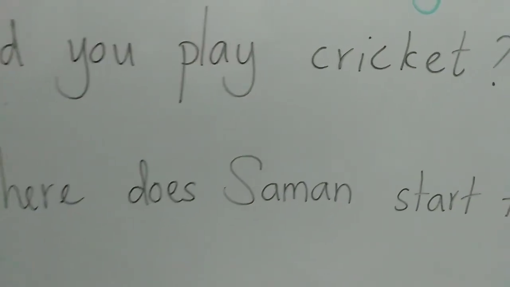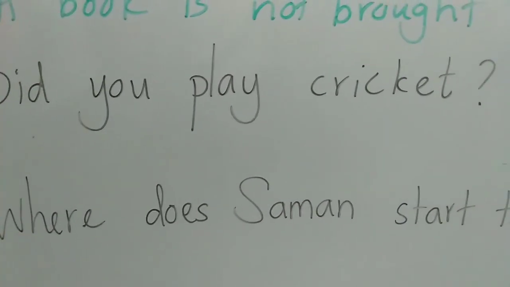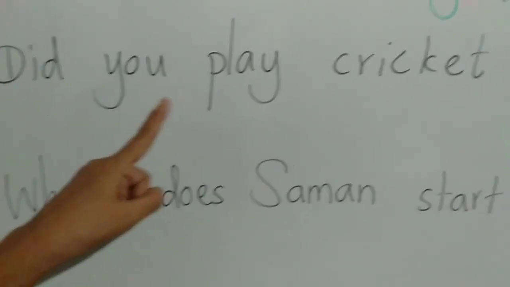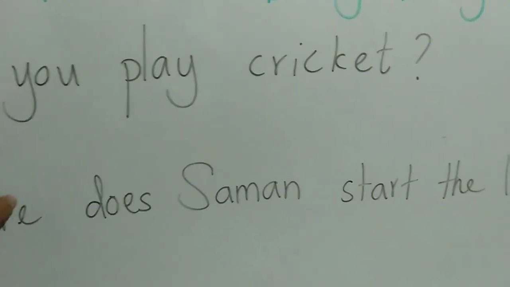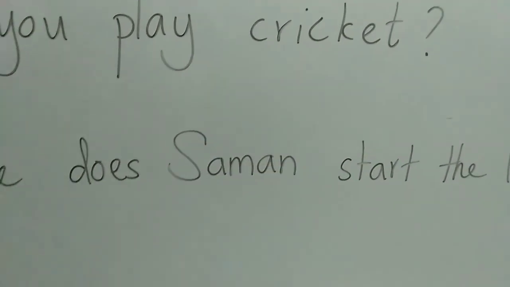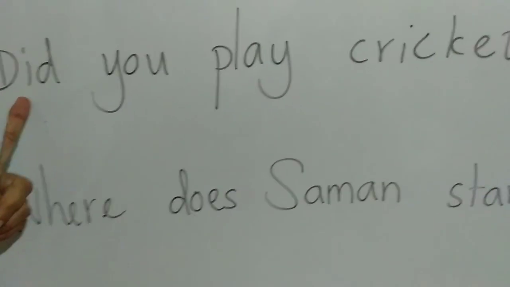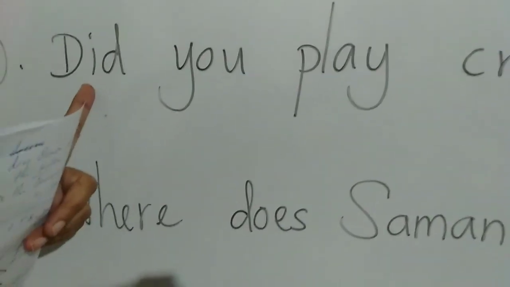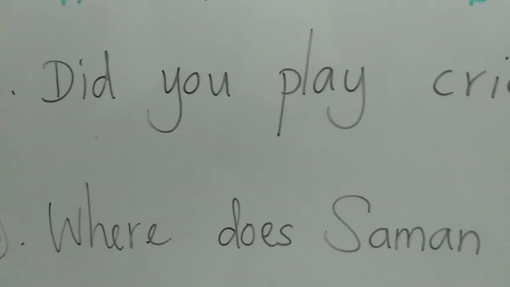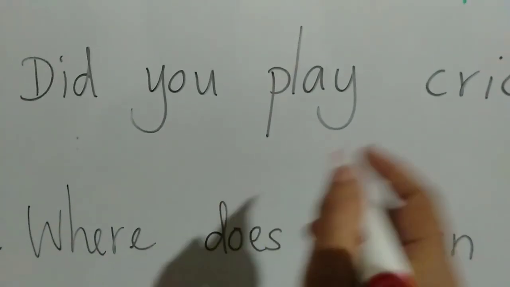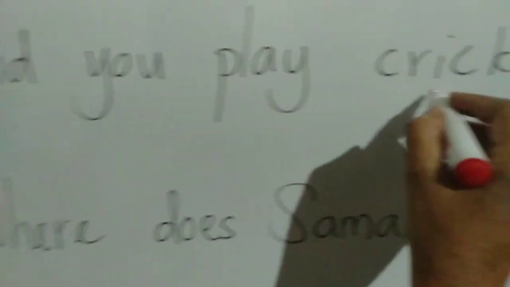Now let's see how to form passive question. Did you play cricket? Did represents past tense. Okay. Then what is the object here?